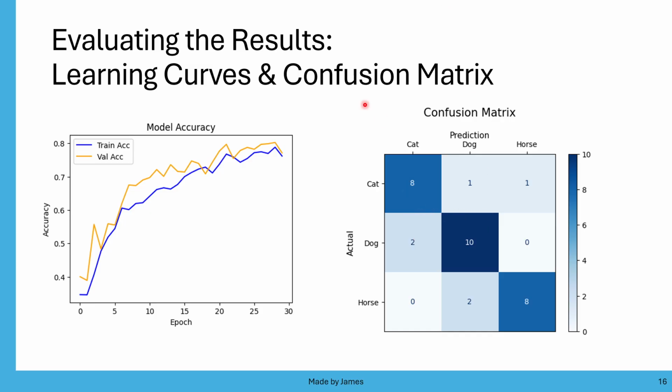And what about the remaining squares? Those are the minor mistakes the AI makes. Look at the actual dog row. It guessed correctly 10 times, but it misjudged a dog as a cat 2 times.